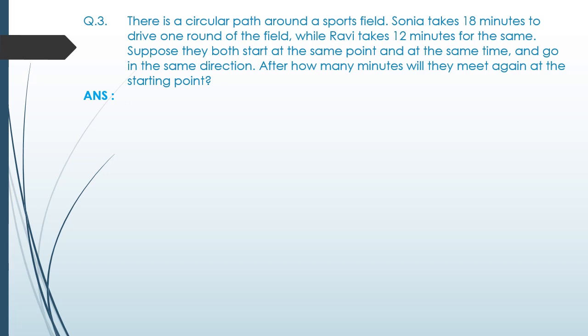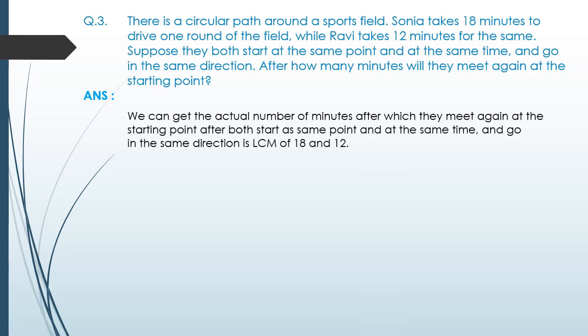So first of all you need to write the sentence. We can get the actual number of minutes after which they are going to meet again at the starting point. The position is fixed, they should meet at the starting point. After both of them start at the same point and at the same time and go in the same direction, it is nothing but the LCM of 18 and 12.